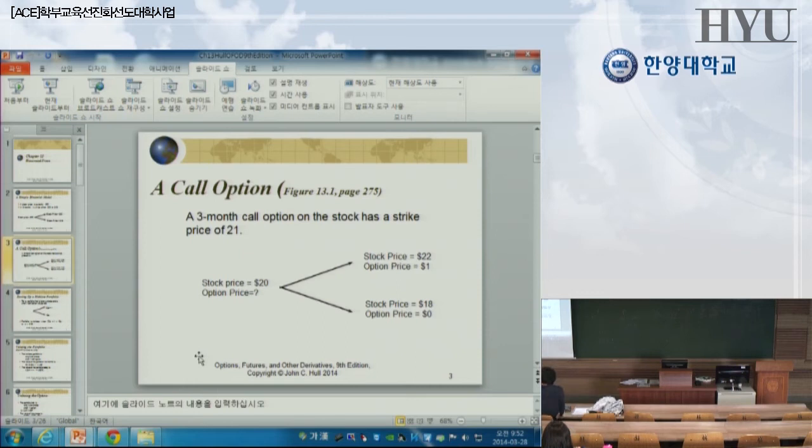But when the stock price is $18, we are not stupid enough to pay $21 for a product that is worth just $18. So we basically give up, discard this right, so the value of that contract becomes 0.